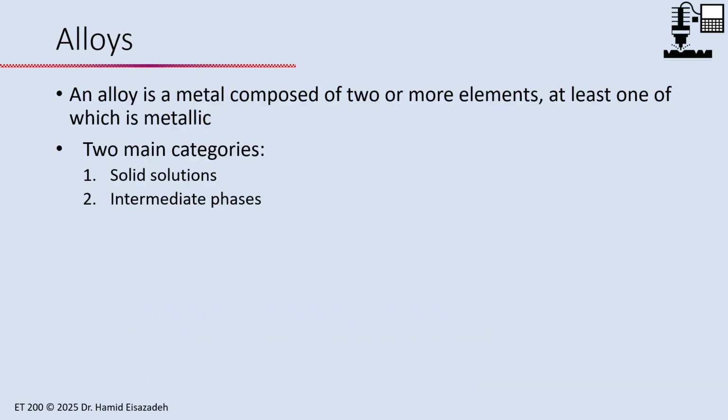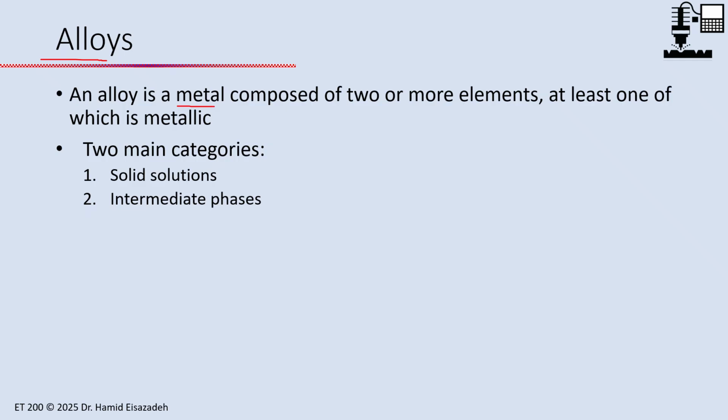Also, some of the pure metals are very valuable, but in engineering applications, we use alloys because the pure metal does not have the required mechanical properties, so we add alloying elements to improve their properties.